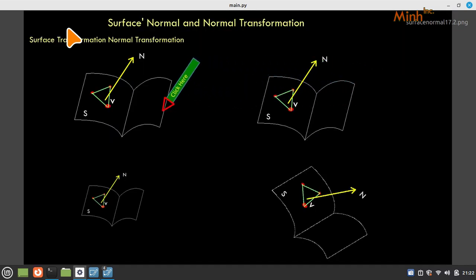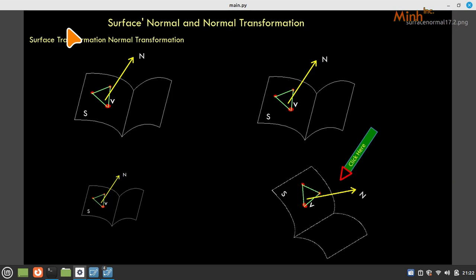If I translate, the normal doesn't change. Normal is a direction. If I scale, the normal doesn't change. But if I rotate, the normal changes. That's the difference between the surface transformation and the normal transformation.